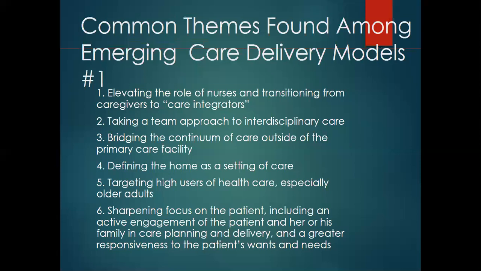Common themes found among emerging care delivery models are evaluating the role of nurses in transitioning from caregivers to care integrators, taking a team approach to interdisciplinary care, bridging the continuum of care outside of the primary care facility, defining the home as a setting of care, targeting high users of healthcare, especially older adults, sharpening focus on the patient, including an active engagement of the patient and her or his family in care planning and delivery, and greater responsiveness to the patient's wants and needs.